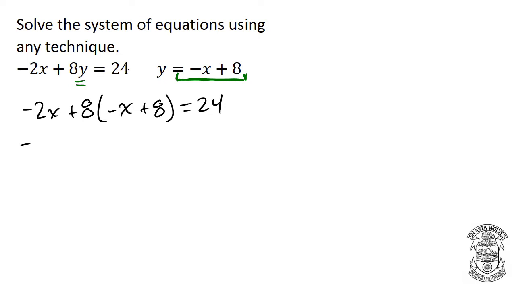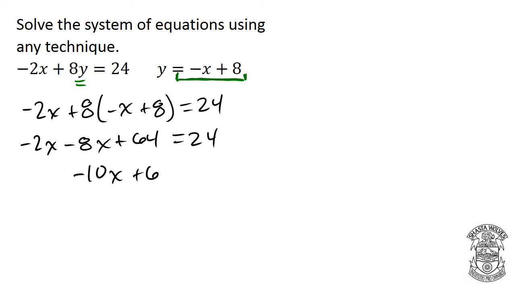Using the distributive property, we still have the negative 2x, but then it becomes minus 8x, and then plus 64. On the other side, that equals 24. If I combine these like terms, I've got negative 10x plus 64 equals 24.